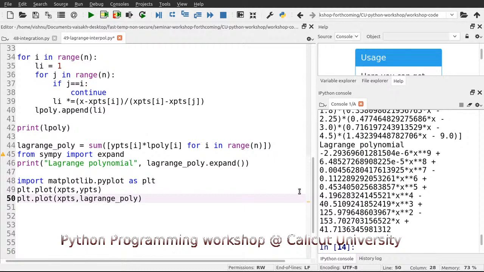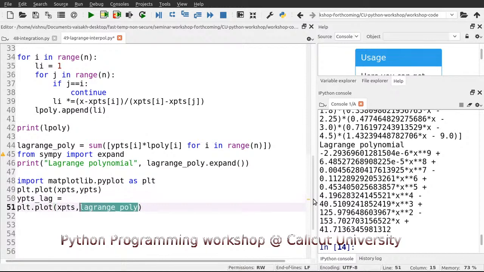This is a symbolic thing. So we need y points Lagrangian equal to, let us use list comprehension. Let us evaluate Lagrange poly. What should we evaluate? XPTS. Sorry, this is not the method.